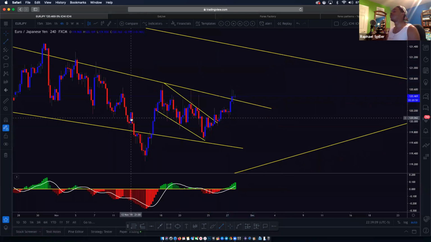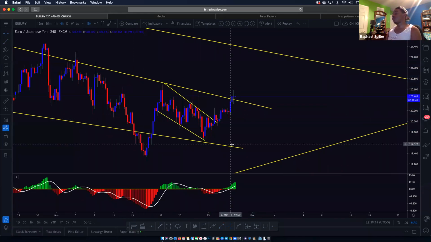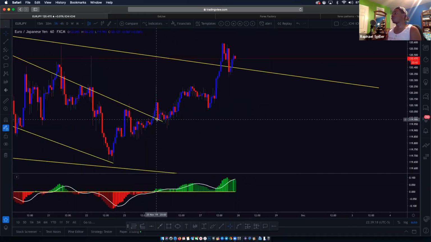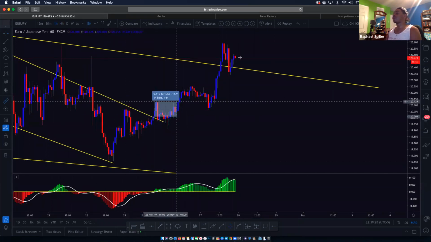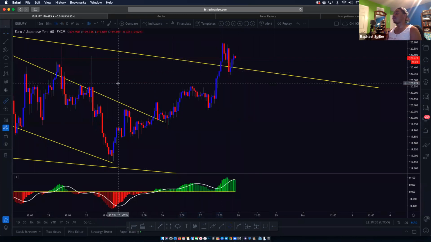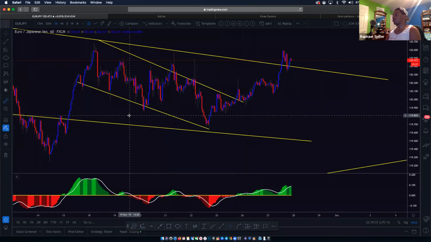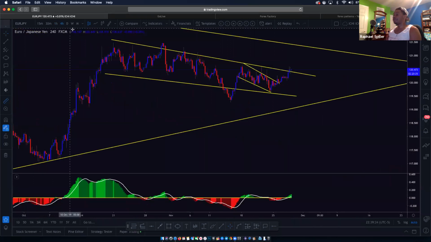Now, I missed this move. I don't know what I was doing. I guess I was being stupid, but I missed this move. This was a nice move up. You could have caught this on the 1 hour off the MACD crossover. Could have had about a 40 pip stop loss, and you would have been up right now about 45, 46, close to 50 pips, right?